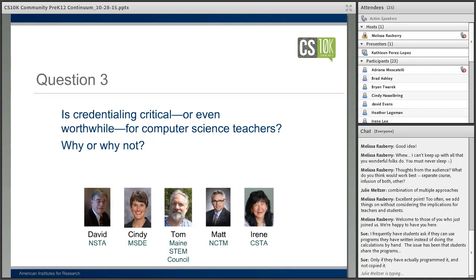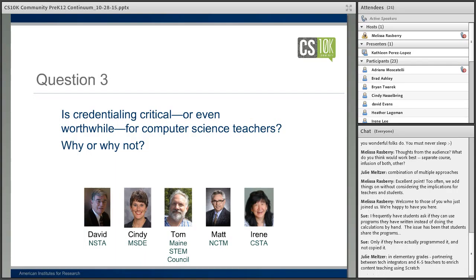Because as it stands right now, there is no computer science credential in Maine. We have a teacher endorsement that is something like instructional technology, but that isn't computer science. Excuse me, it's called computer technology. And right now there's no computer science methods course even taught in the state.